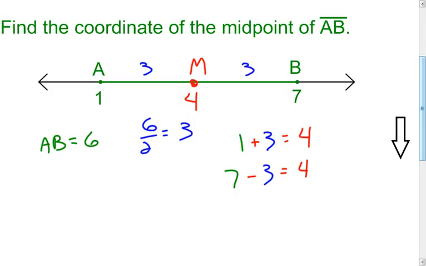So another way I can do this problem is I can take my two endpoints of 1 and 7, and I can find the average of them, which means I'm going to have to add them together and divide by how many there are. So 1 plus 7 is 8, divided by 2, and I end up with 4. Two different ways to do the same problem. And I don't care which way you do it, you pick.